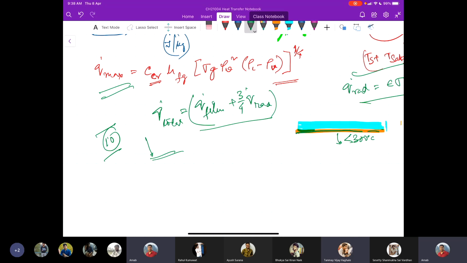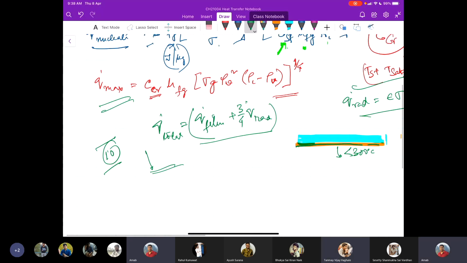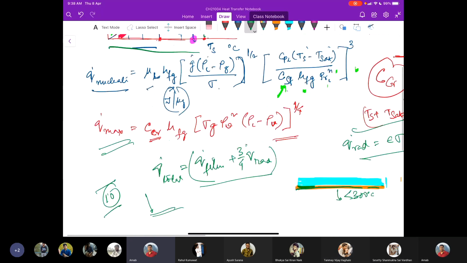Now, in pool boiling, by roughening the surface, the constant CSF will change, it will have a different value. So this C_cr in the max is basically a critical constant that depends on the shape or the configuration of the heater.